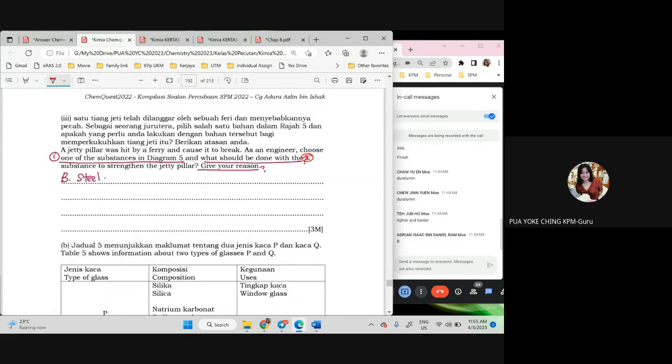Apa you kena buat dengan ni? To strengthen the jetty pillar. Okay. Dia dah bagi hints dekat sana, dia nak strengthen. So what is that thing?